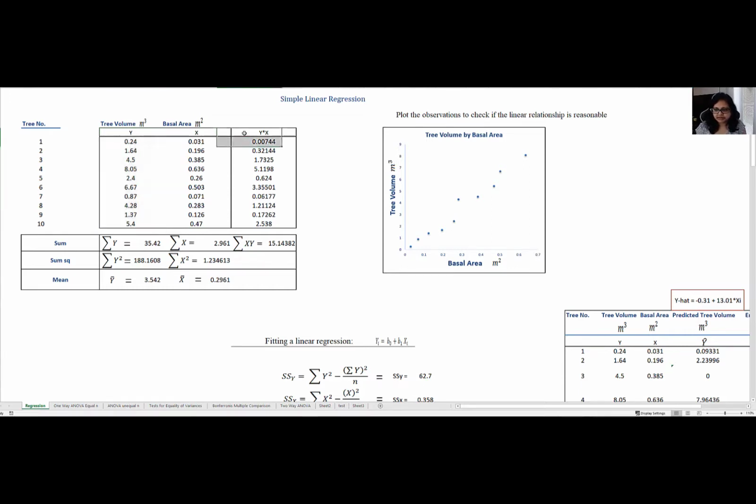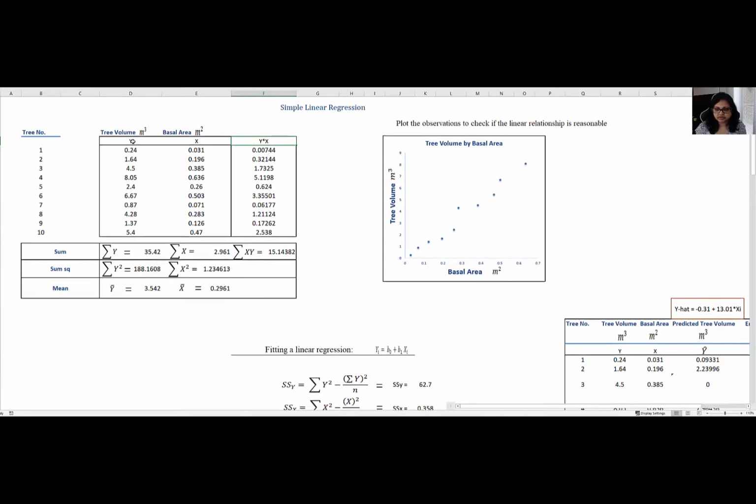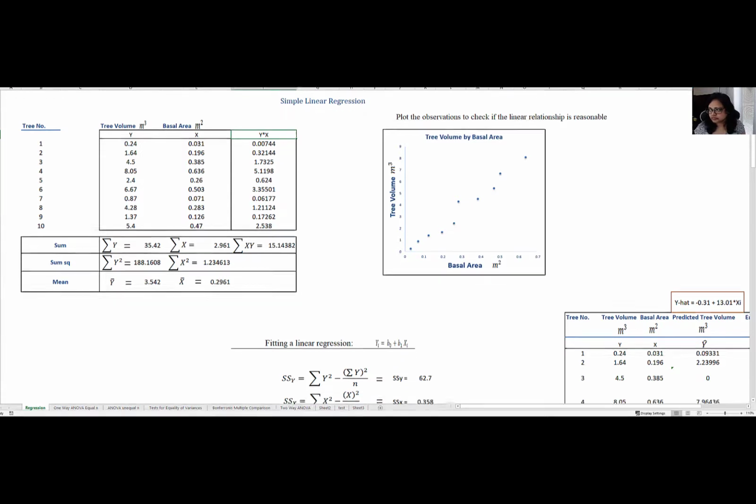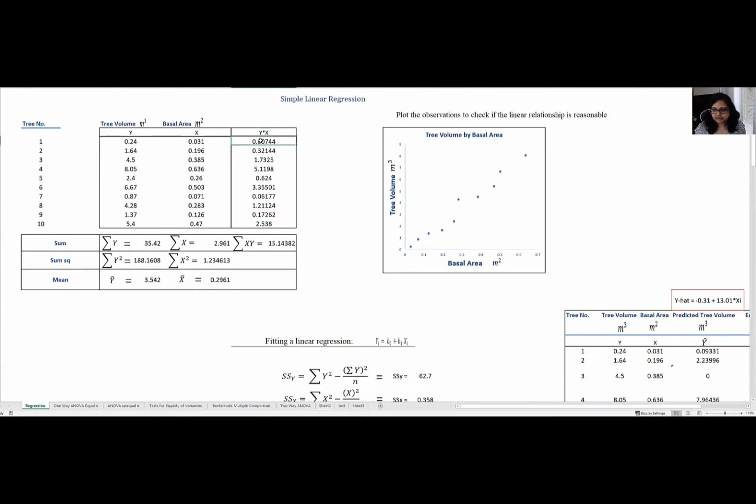You can see that at first I found the multiplication of each of these values, that means 0.24 multiplied by 0.31, and so on for each of those data points. Then I summed them: the sum of all the tree volumes, the sum of all the basal areas. So you can see I found the sum of y, the sum of x, and the sum of x times y.